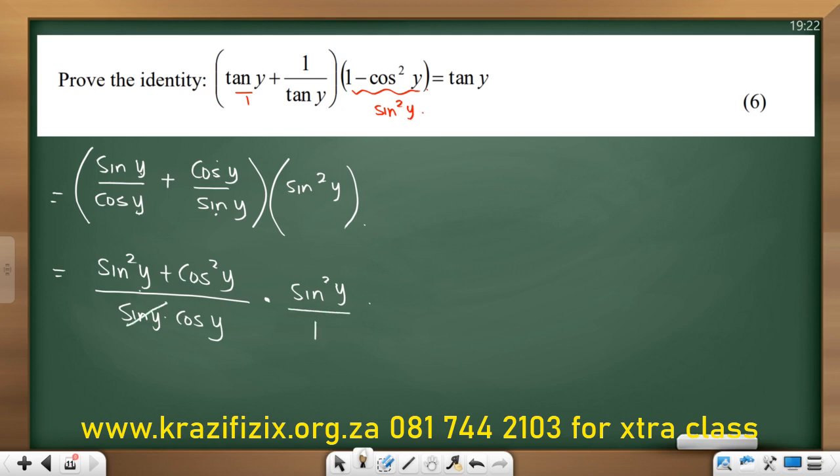Now, I can actually cancel, such that I then have, what is sine squared y plus cos squared y? 1 over cos y multiplied by sine y over 1. And this is sine y over cos y. And that is actually equal to tan y. Done.